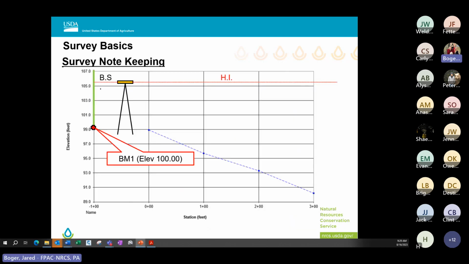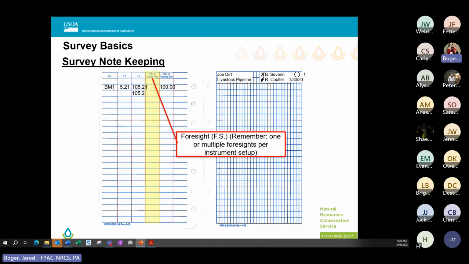These blue dots are representing your survey shots or your foresights. These foresights are going to be your HI minus each one of these survey shots.